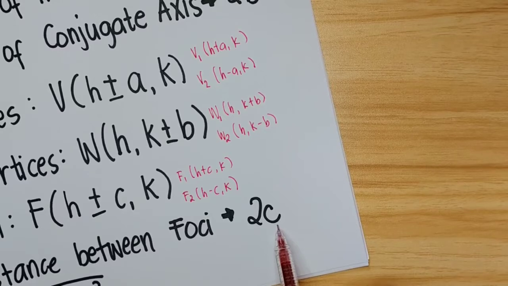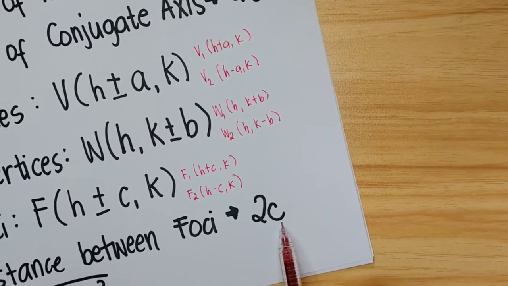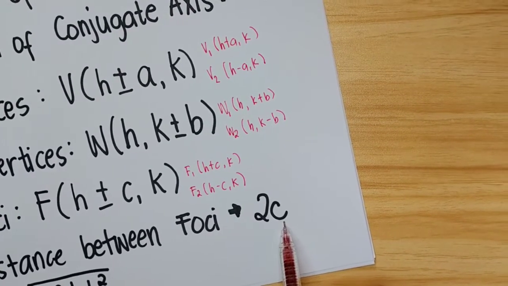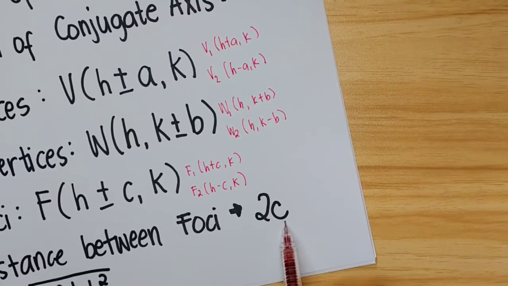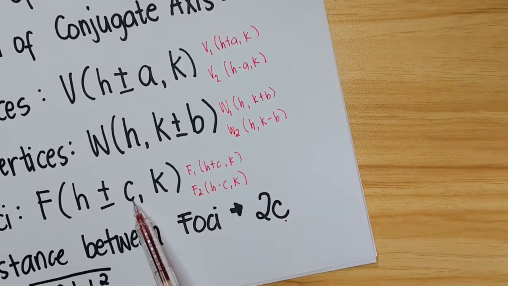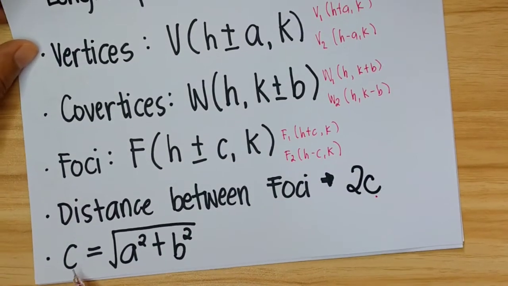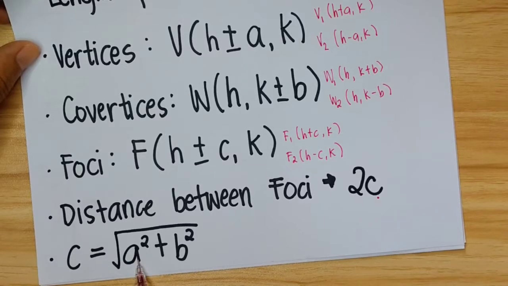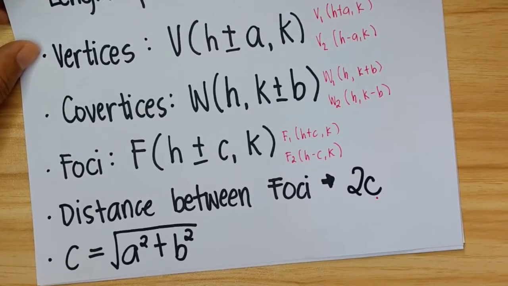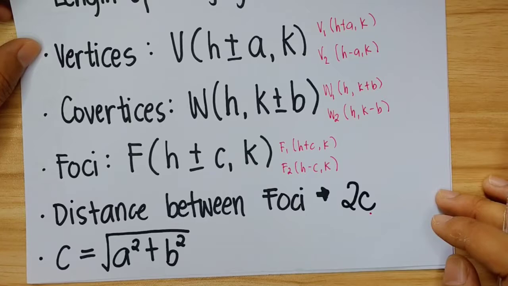If you ask how to find c, the formula is c equals the square root of a squared plus b squared.